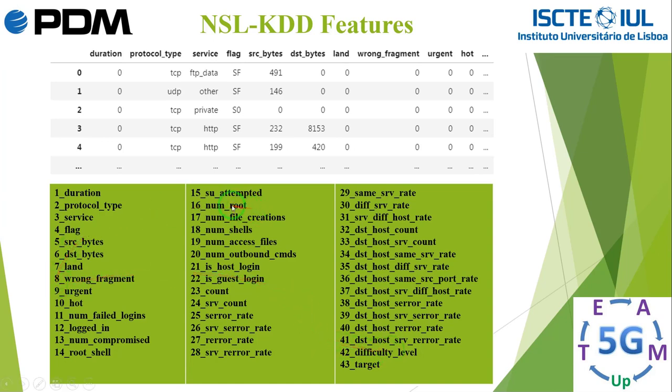But here we want to speak about these three features: protocol type, service, and flag. These three features are categorical, and we need to find a way to convert them to numerical features.